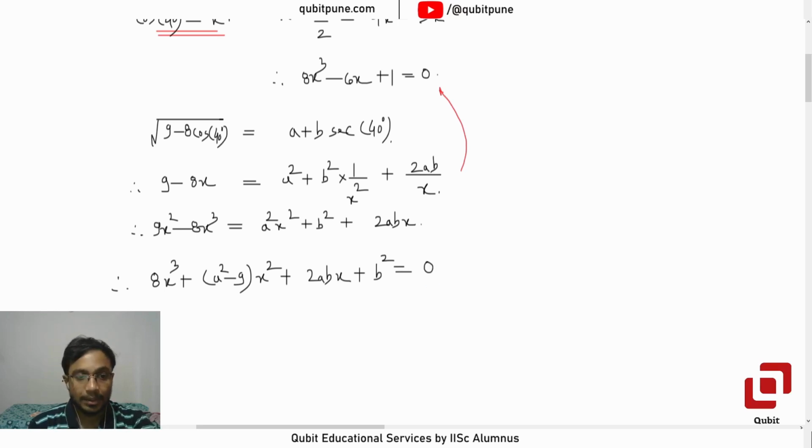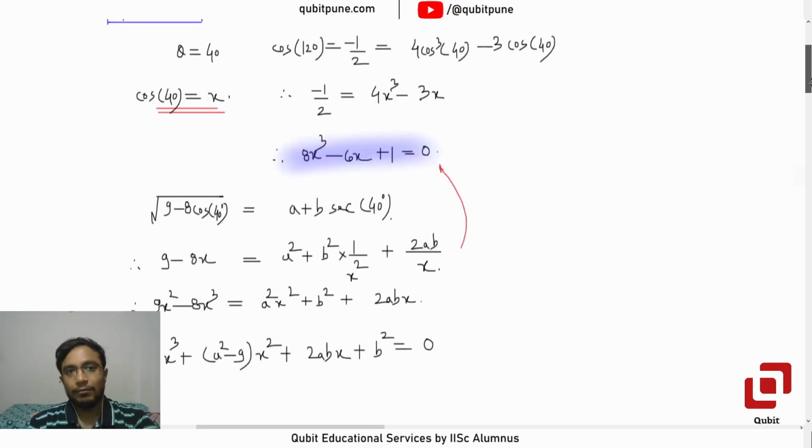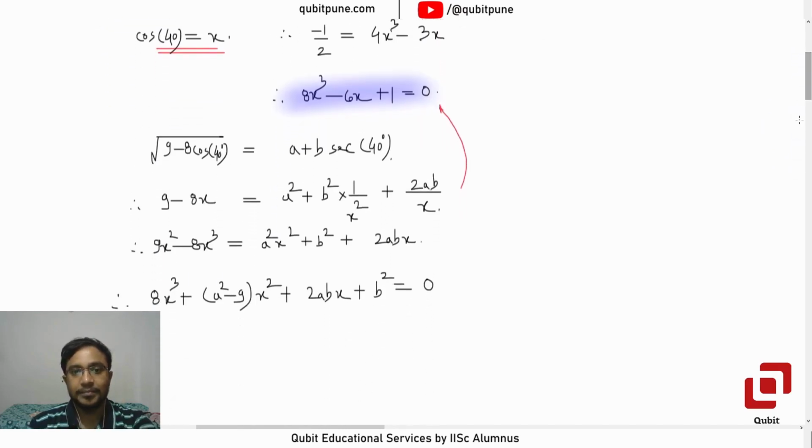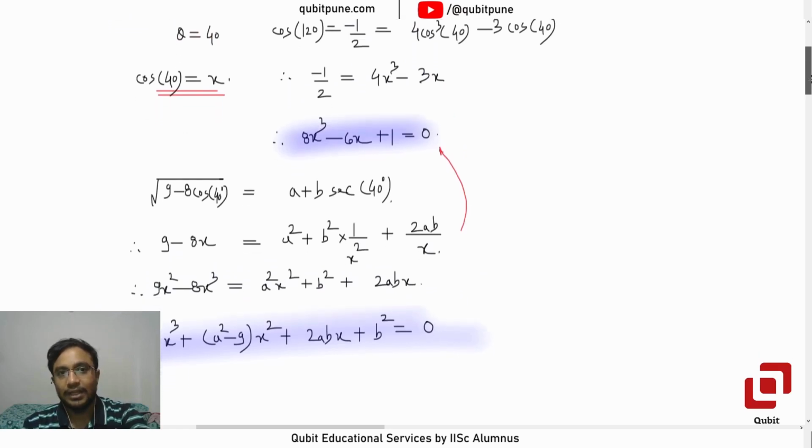Now this is a cubic equation for which cos 40 is a root, and this is another equation of which cos 40 is a root. We have to assume the equivalence between the two equations, because it could very well be possible that cos 40 is a root of another cubic equation.